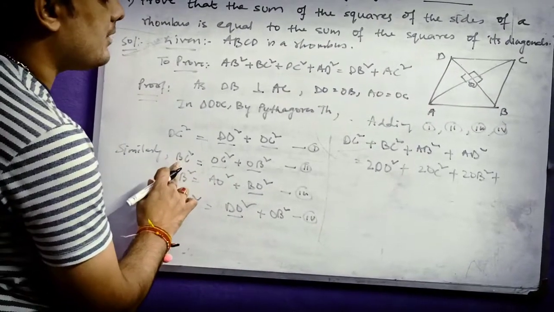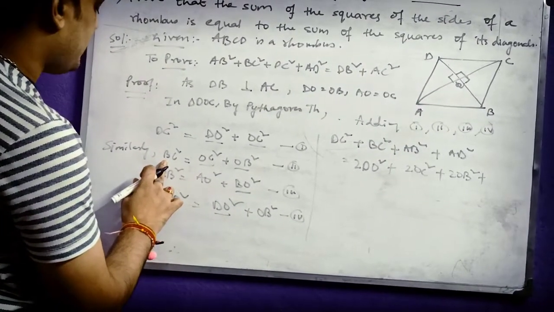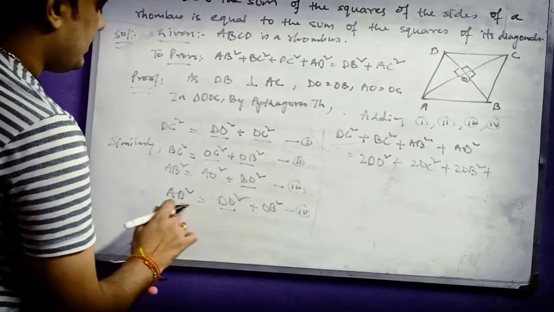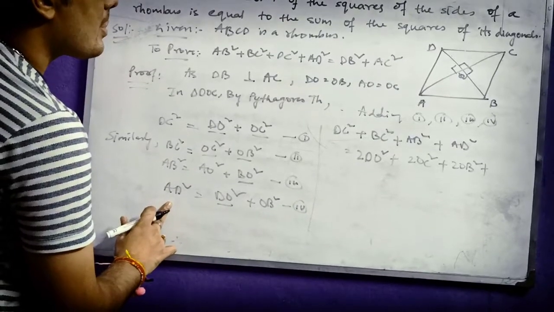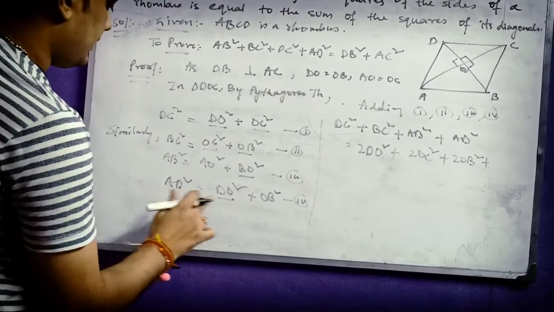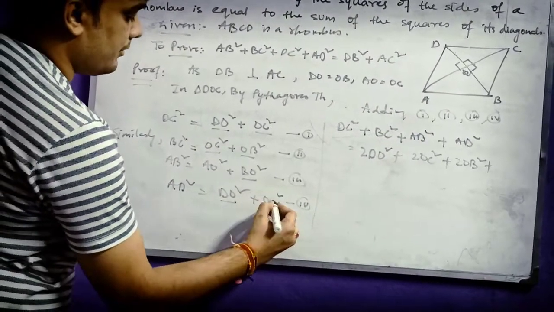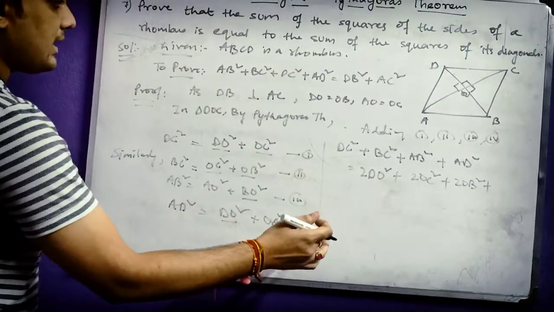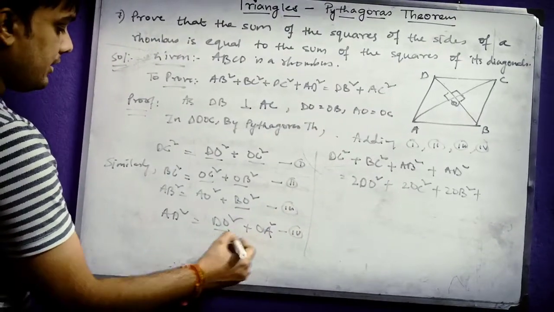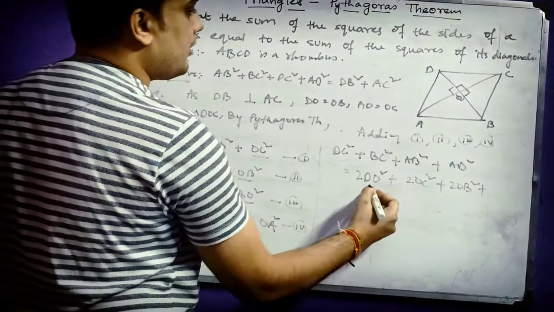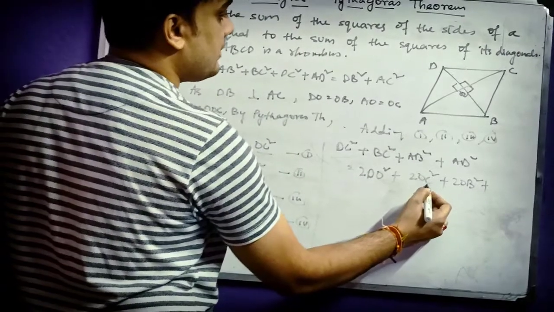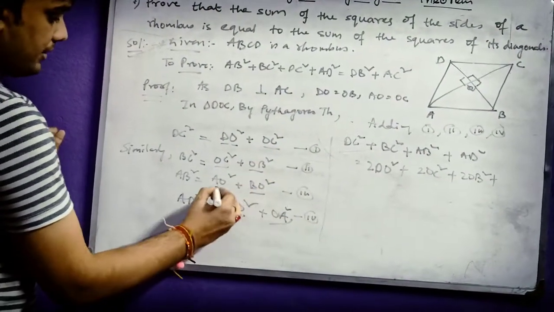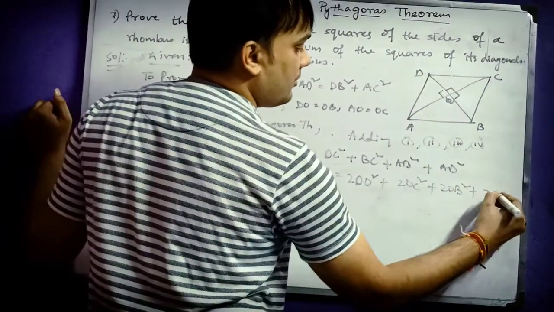In BC square it will be OC plus OB, in AB it is AO plus OB, and in AD it is DO plus AO. So we got DO, then OC, then OB, and last is AO. You can see AO is here and AO is here also, so it will be 2 OA square.